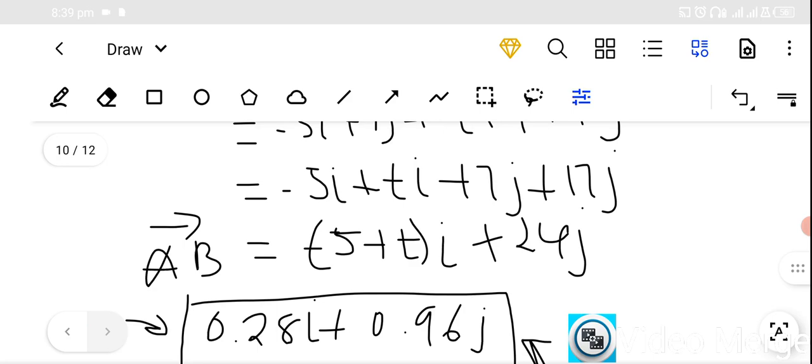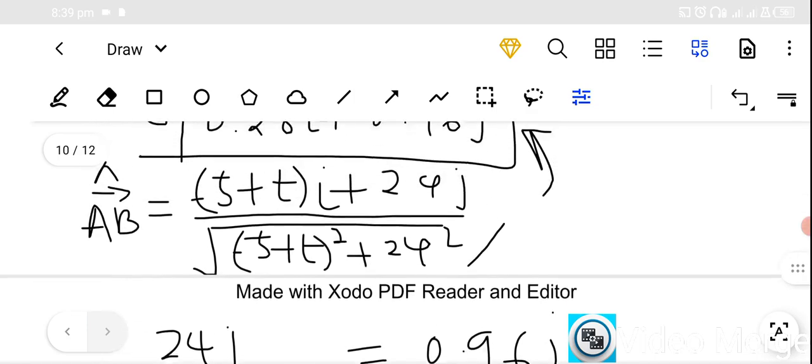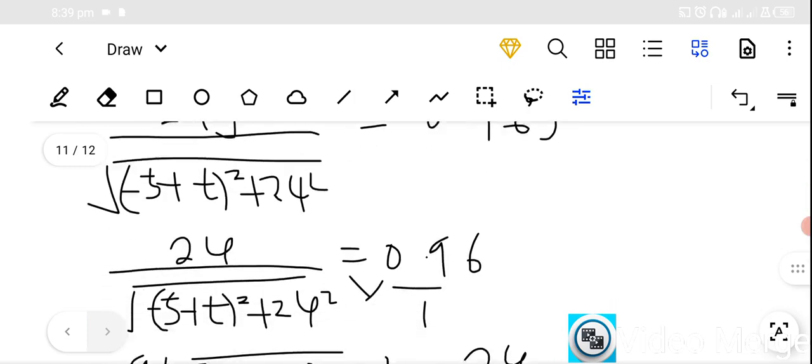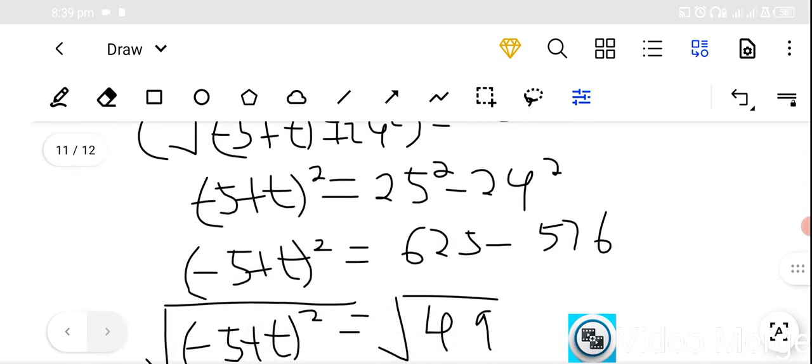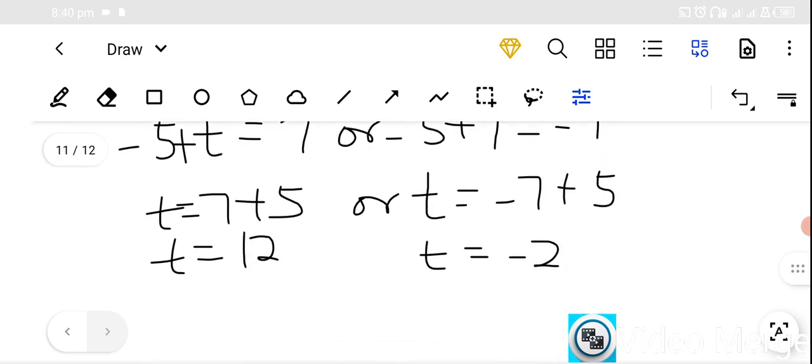So I have -17 squared plus 24 squared, which will give you 685. Okay, so you're going to have 685 as your answer for the square root. So that's the mathematics we did, and then we concluded that t is either +12 or t can also be -2.